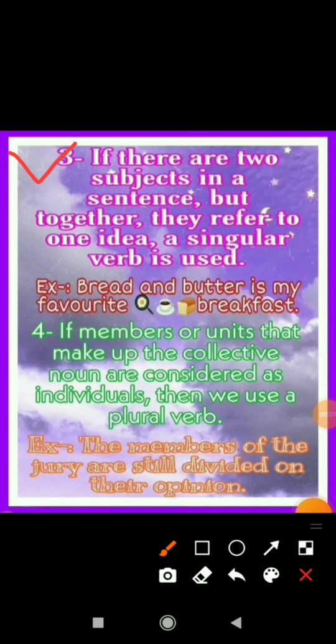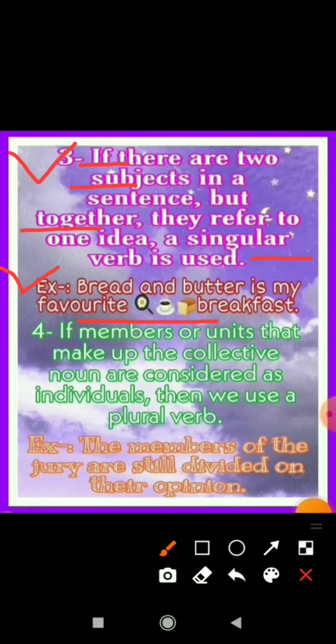Rule number 3 is, if there are two subjects in a sentence but together they refer to one idea, a singular verb is used. So if in a sentence two subjects are there but together they are referring to one idea, that time we will use a singular verb with the two subjects. To understand it better, let's see the example. Bread and butter is my favorite breakfast.